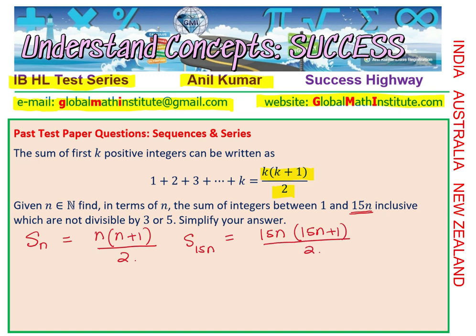Now we are also saying, out of this sum, we do not want the multiples of 3 or 5. So we have to deduct those, correct?